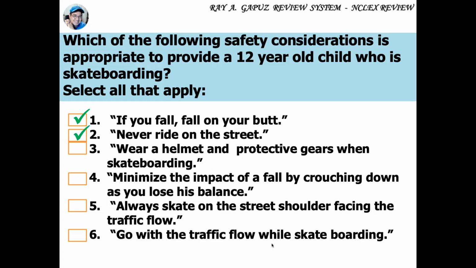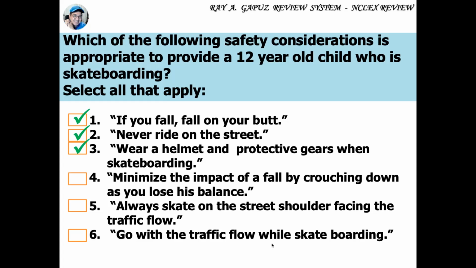Again, they only go on the shoulder of the road. Number 3, wear a helmet and protective gear when skateboarding. Yes, the usage of your helmet, elbow pads and knee pads can surely ensure safety for your patients or your children who are exploring skateboards.